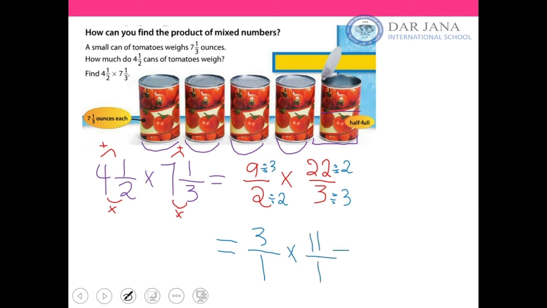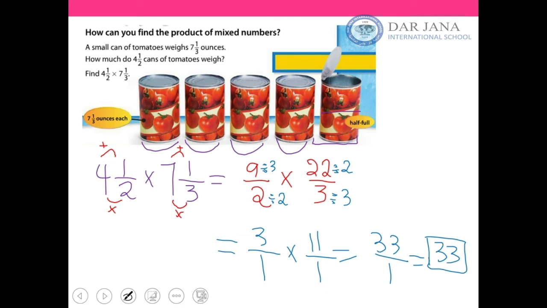And then after finishing the simplification, I multiply numerator by numerator. As you can see, it's the same rule. There is nothing new except I have to change the mixed number into an improper fraction at the beginning, and then everything will be as is. Anyways, 3 times 11, so it's going to be 33/1. Please guys, don't keep it 33/1 because it's still an improper fraction. Make it 33, which is a whole number.